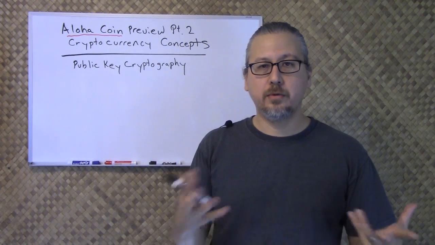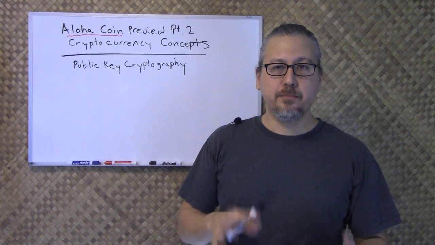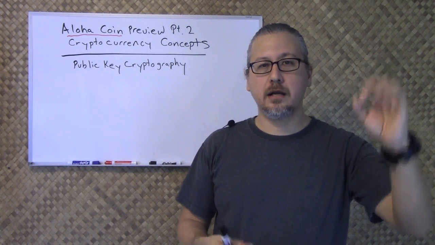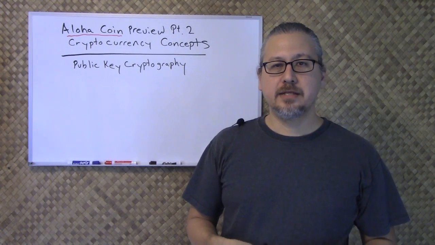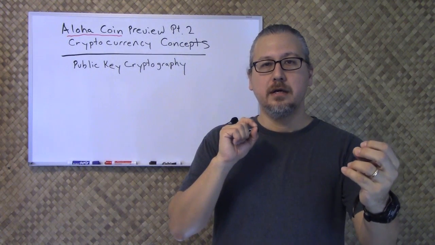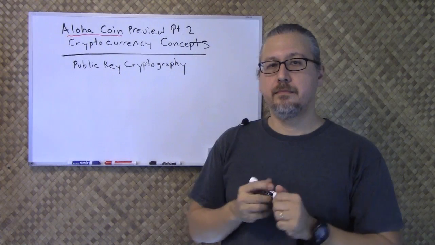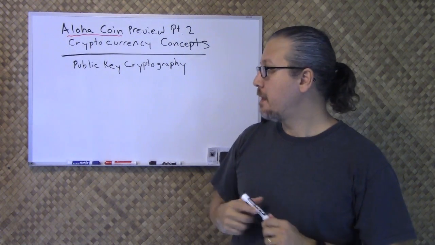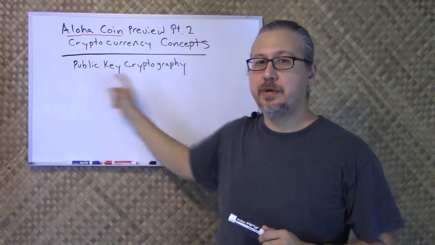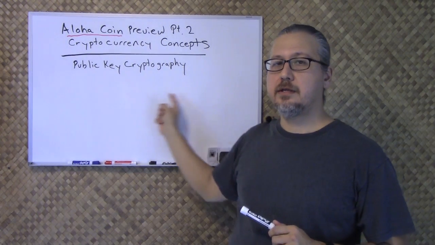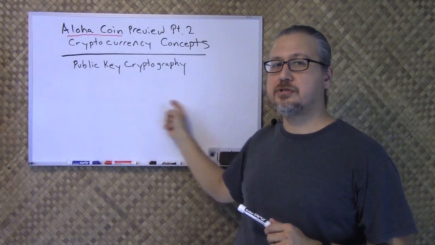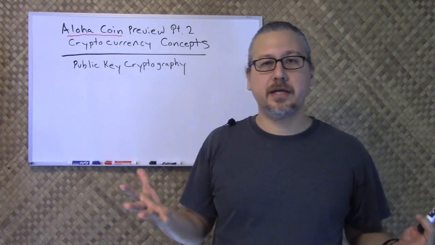You go on a website, you buy something, there's that lock icon, and that tells you that between you and the server, it cannot be intercepted in the middle, even though it's a public internet.